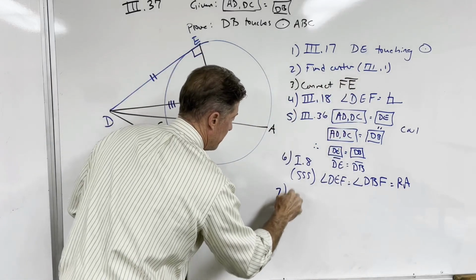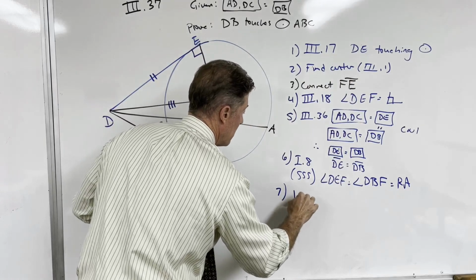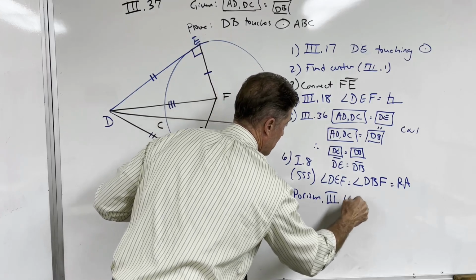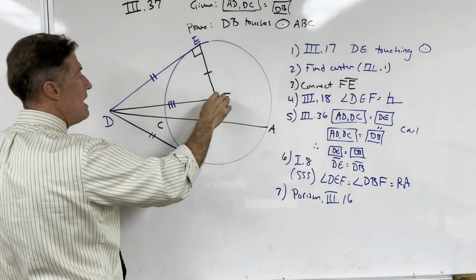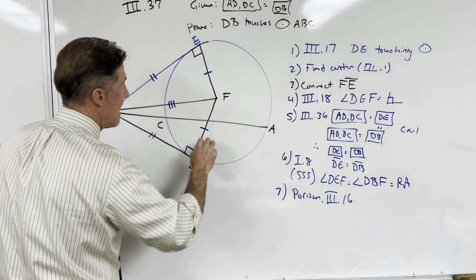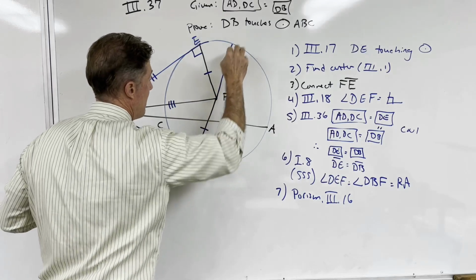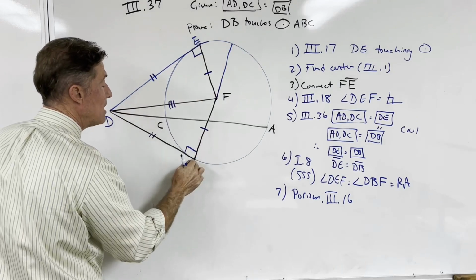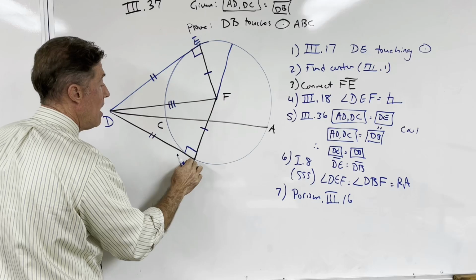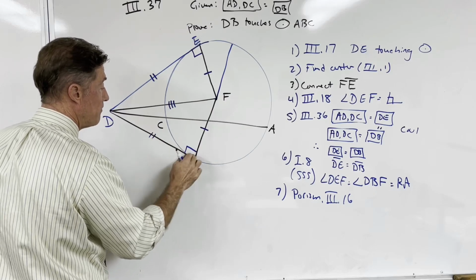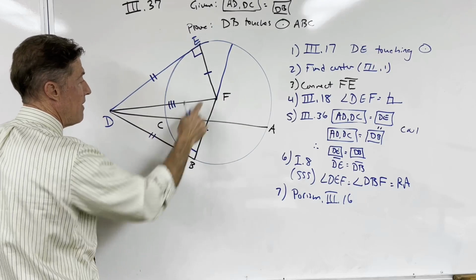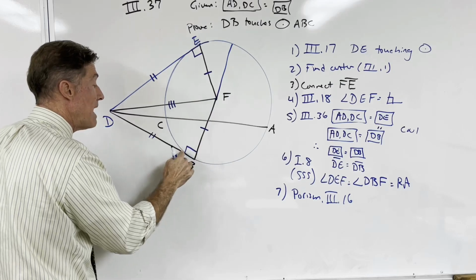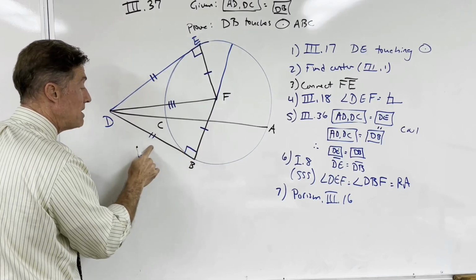Now we're almost there. Now we just have to invoke the porism of Book 3, Prop 16, which says that if at the extremity of a diameter, so we can extend FB to make a diameter, if a line makes contact with the extremity of that diameter at a right angle, then that line will be a touching line.